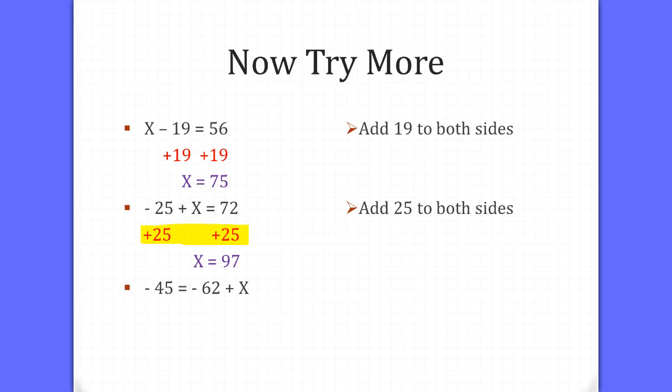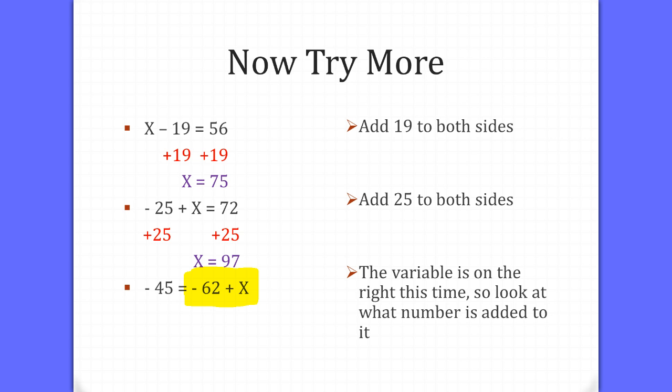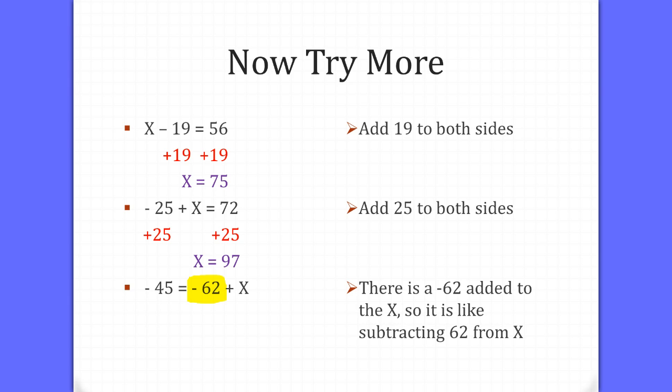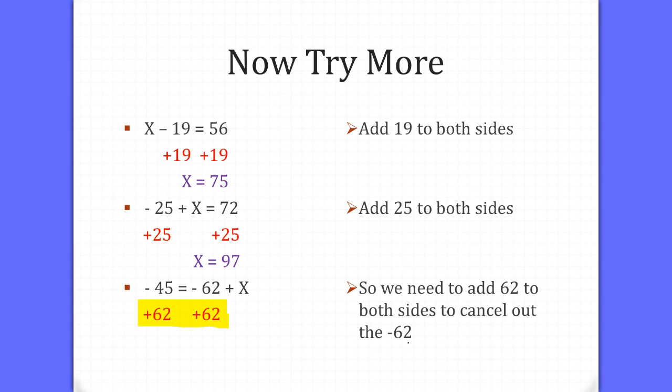The next problem, negative 62 plus x, will be the one with the variable. Looking at the side with the variable, it has negative 62 added to it, so it's subtracted 62, and we will be adding 62 to both sides.